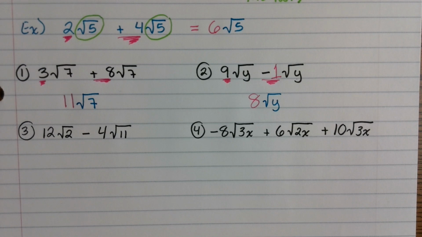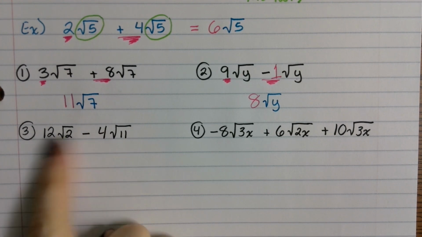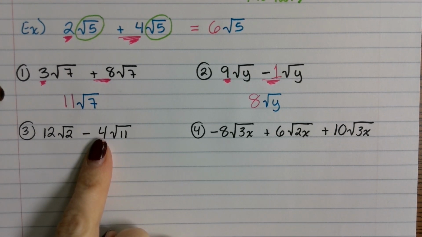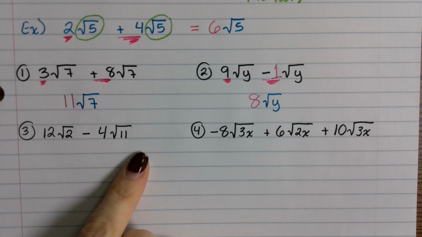Are they the same? No. If I asked you, could you do 4x minus 3y, could you? Why not? Because it's not like terms. Are those like? No. So can we do that? No. So your final answer is 12 square root of 2 minus 4 square root of 11.